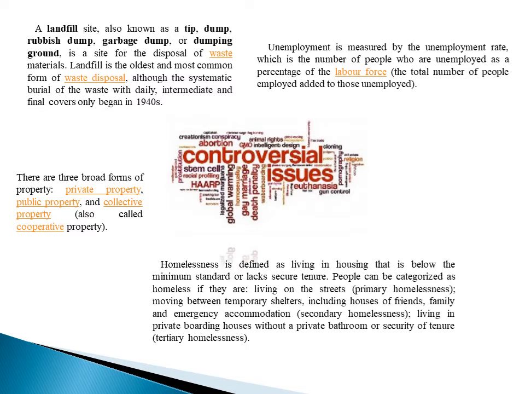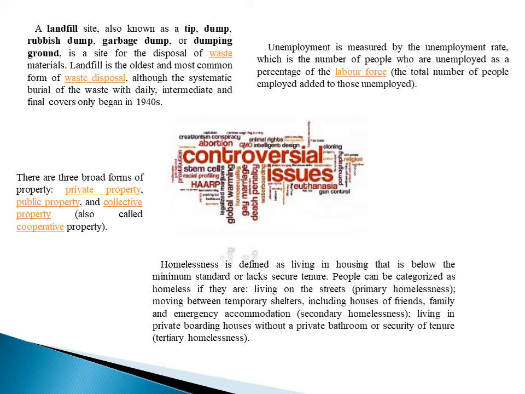Unemployment. Unemployment is measured by the unemployment rate, which is the number of people who are unemployed as a percentage of the labor force. Homelessness. Homelessness is defined as living in housing that is below the minimum standard or lacks secure tenure.